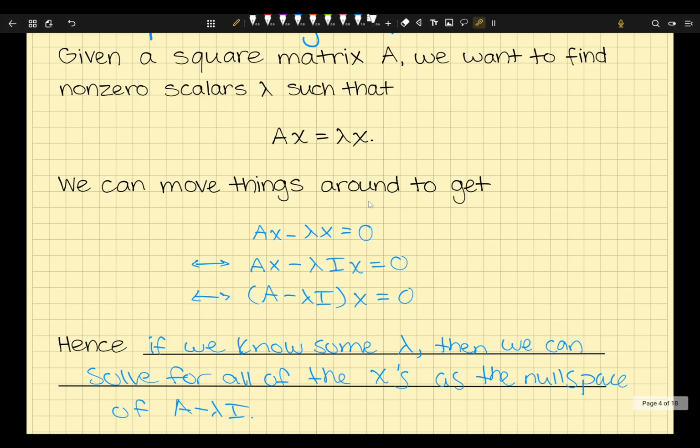Right, so this is the standard manipulation that we do to see that all of these x's are just in the null space of A minus lambda I. So getting the x's is not hard. What is hard is finding the lambdas, the eigenvalues. This lambda we call an eigenvalue, and this x we call an eigenvector.